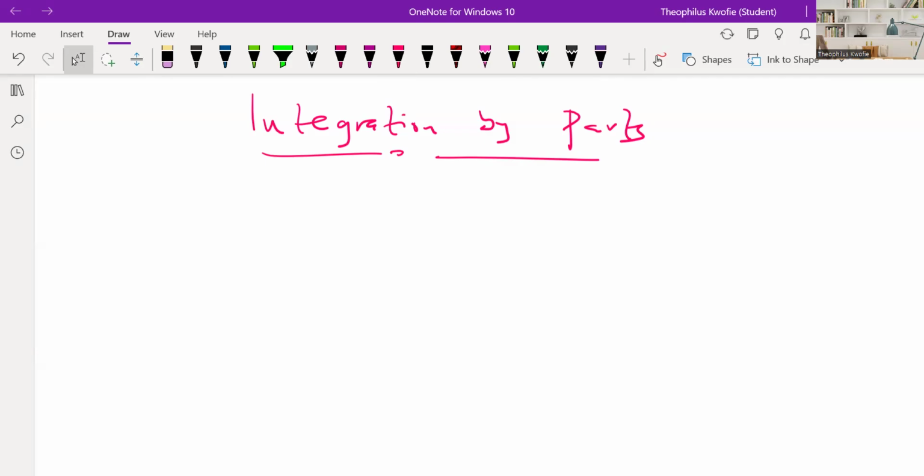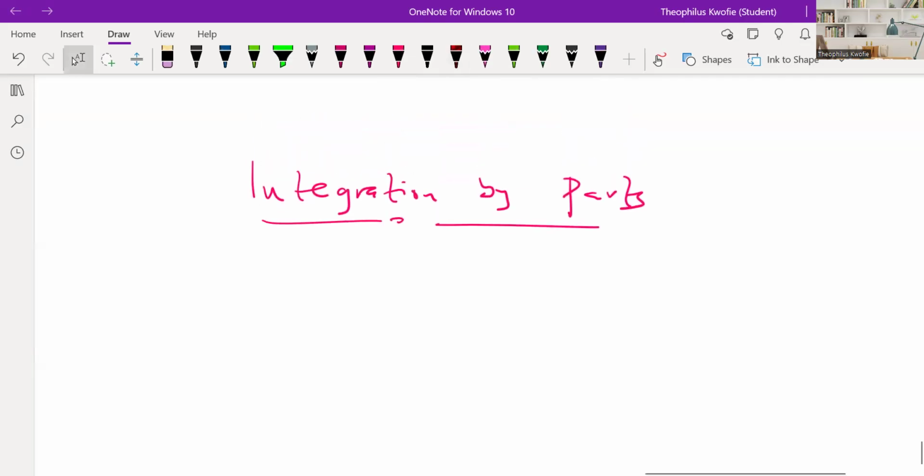We said that with the product rule, suppose we have two functions. Let me lay the foundation again. Suppose we have u and v as two functions of x.